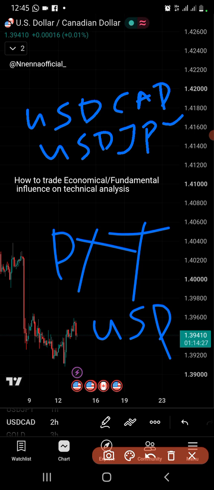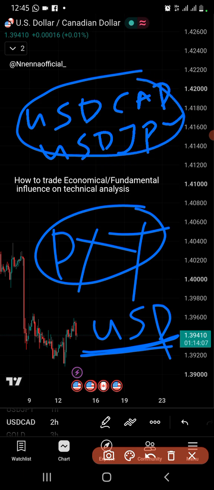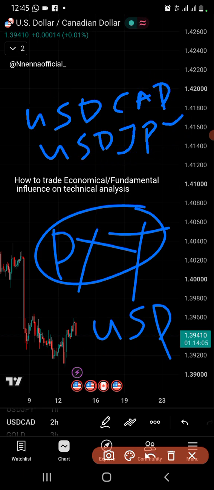So whenever you check DSY on your chart, whatever structure you find is simply trying to summarize the state of the USD currency for you. And that's why you can always use it to determine the structure of other USD based pairs. So that's how they work hand in hand.